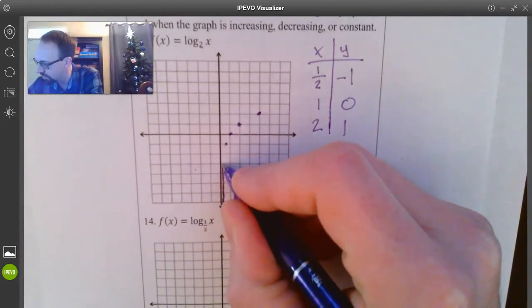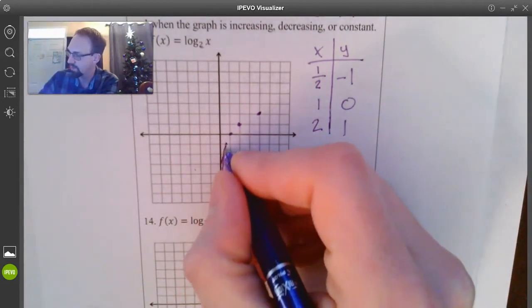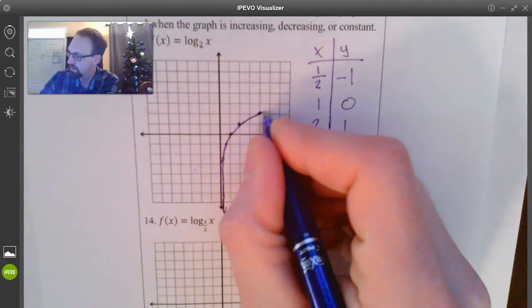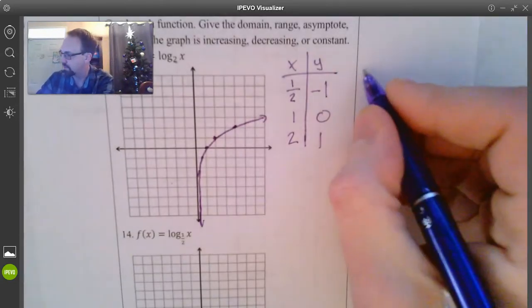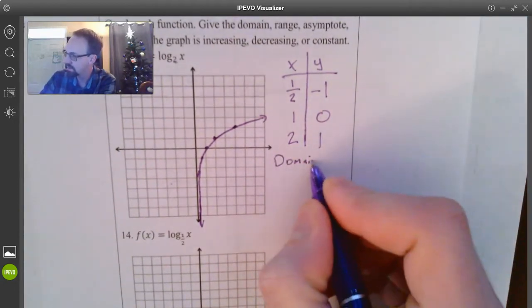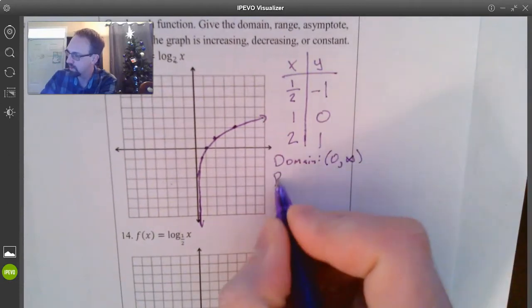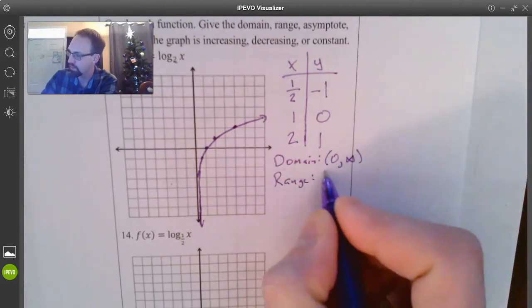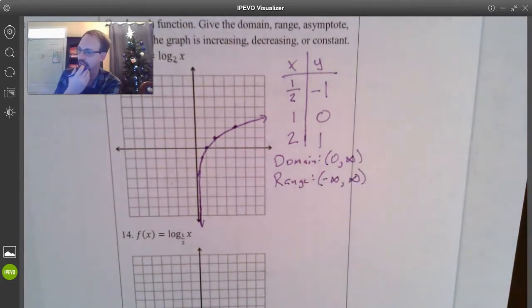The asymptote, remember, it gets close to that y-axis. And so then my domain is from 0, non-inclusive, to infinity. My range is going to be all real numbers, or from -infinity to infinity, keeping the interval notation here.